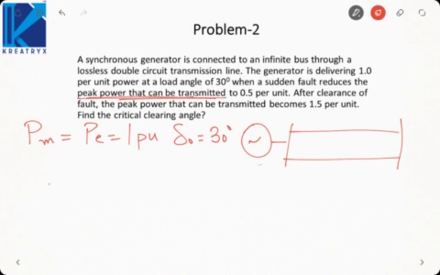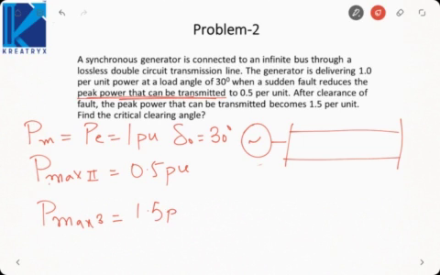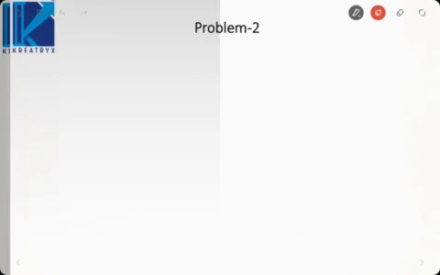The peak power is P max, but after the fault, P max is P max 2. Now after clearing the fault, the maximum power that can be transmitted is 1.5, so P max 3 is 1.5 pu. We need to find the critical clearing angle.